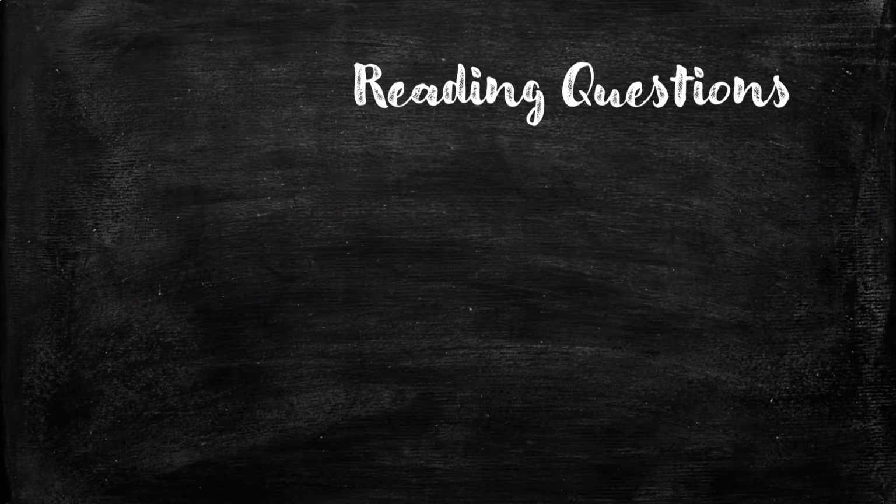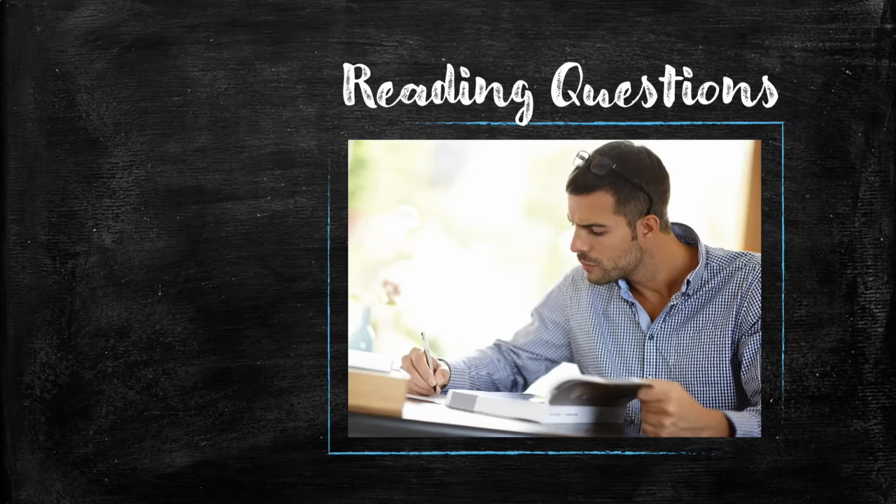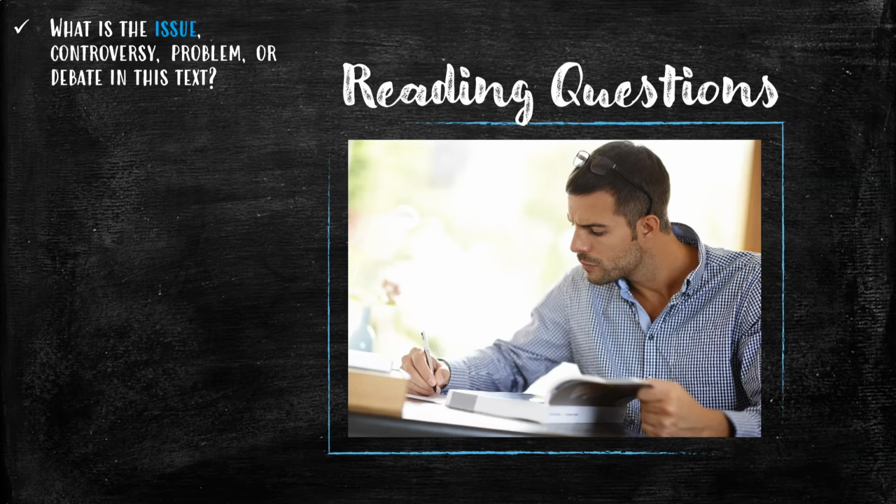Next, let's think of some reading questions that we can use to engage with the text along the way. As you read, you can ask yourself to better understand what is the issue, controversy, problem, or debate in this text. Those types of topics will help you understand what idea this author is engaging with.